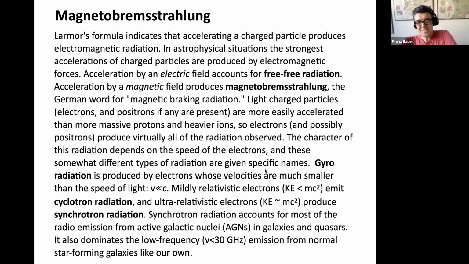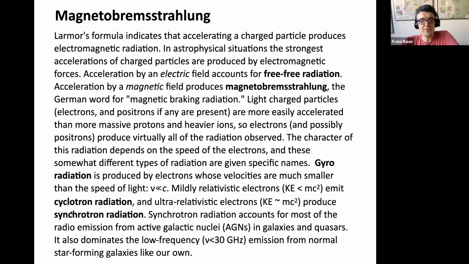At the low regime, where you have electrons with velocities much smaller than the speed of light, you typically have something called gyro radiation. When you start to get to electrons which are mildly relativistic, so they have energies similar to their own rest energy, these emit cyclotron. And then when you have ultra relativistic, when kinetic energy is much greater than the rest energy, you produce synchrotron.